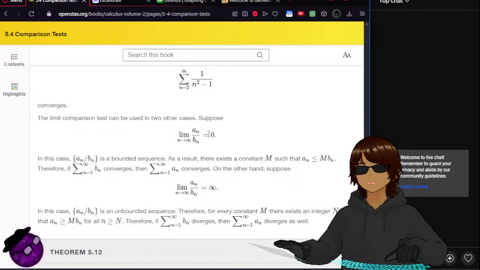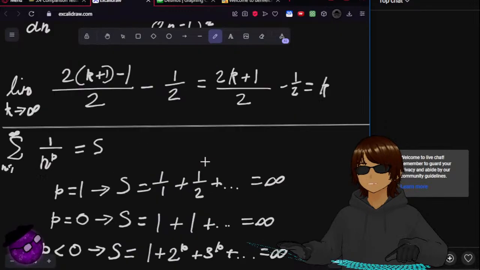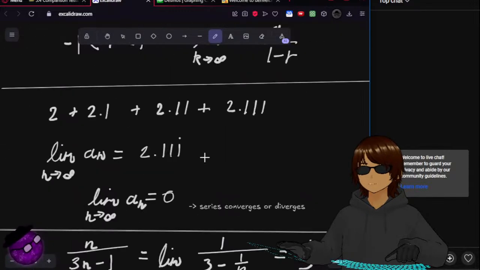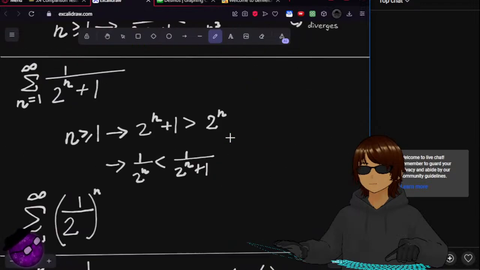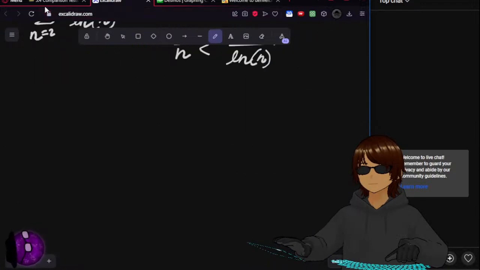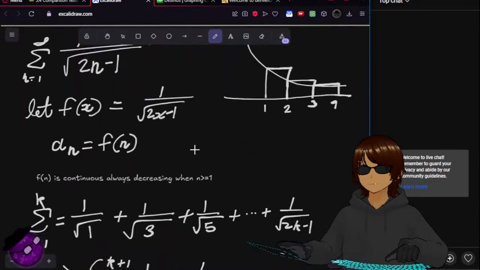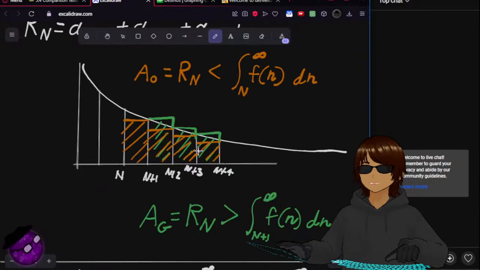Wait, if the limit is 0, then for large n, an gets closer, the numerator gets closer and closer to 0, right? Isn't that enough to say that it converges, or do we say it's inconclusive? Series converges or diverges? But why though? Oh yeah, the harmonic series.